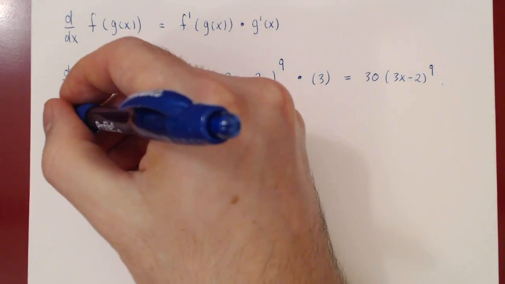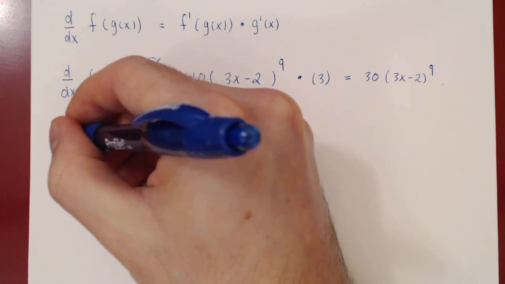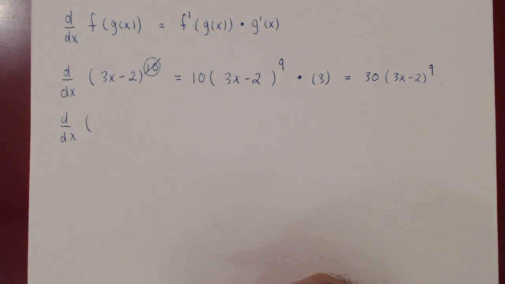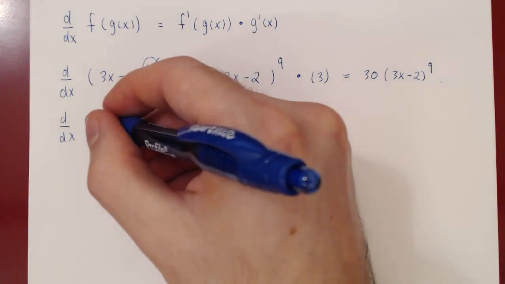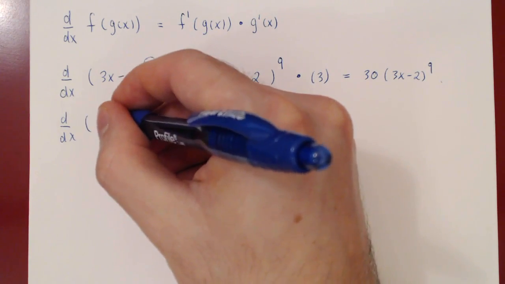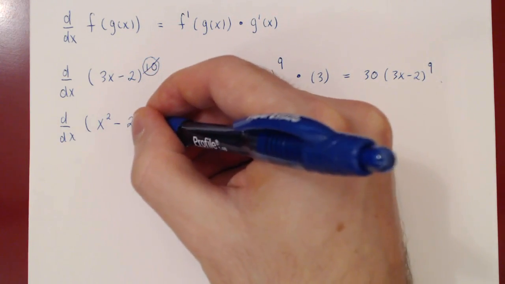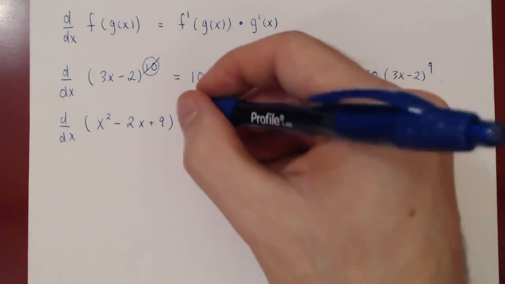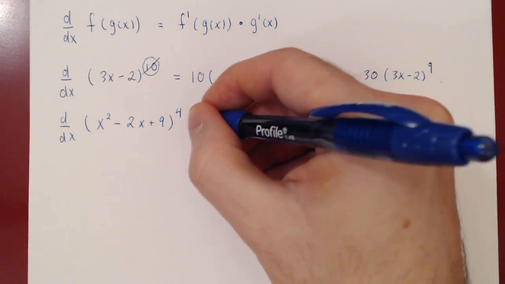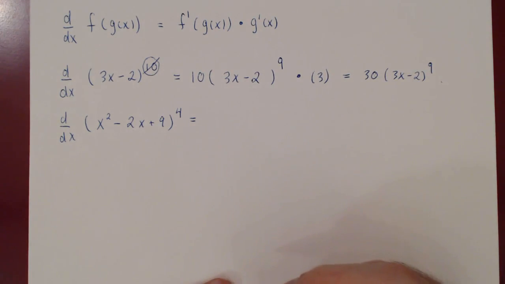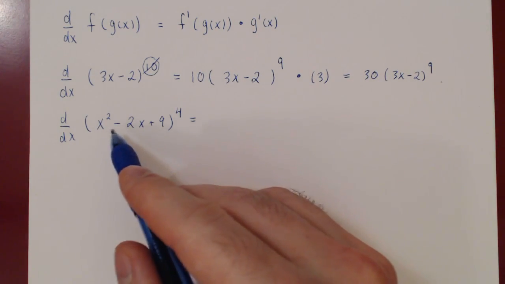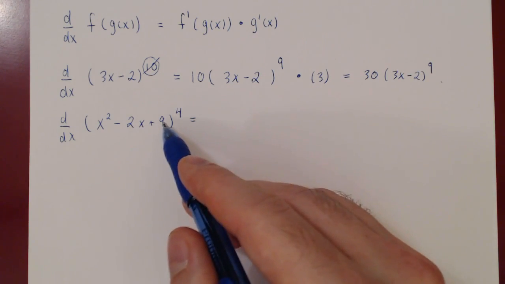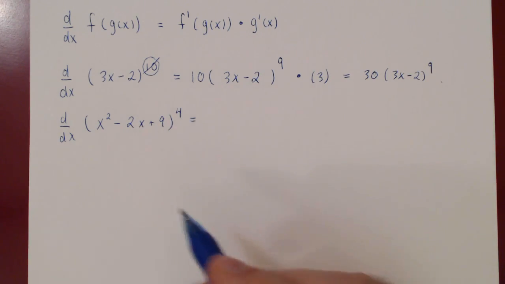What about this example? The derivative with respect to x of, let's now take a quadratic. So (x squared minus 2x plus 9). Let's take the 4th power. Once again, the power is the outer function. If I gave you a value of x, you would first square it, subtract 2x, add 9, and then you would take the 4th power.